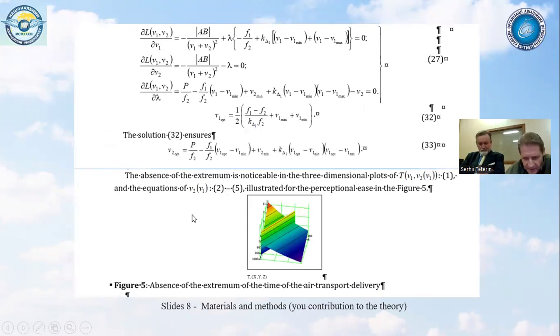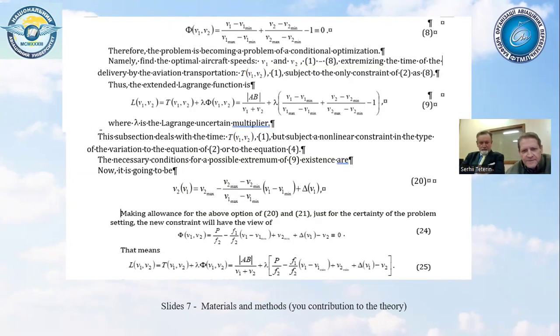Yes, here it is. So delta, and then we draw the new equation 24 for constraints, and then the new extended Lagrange function 25.